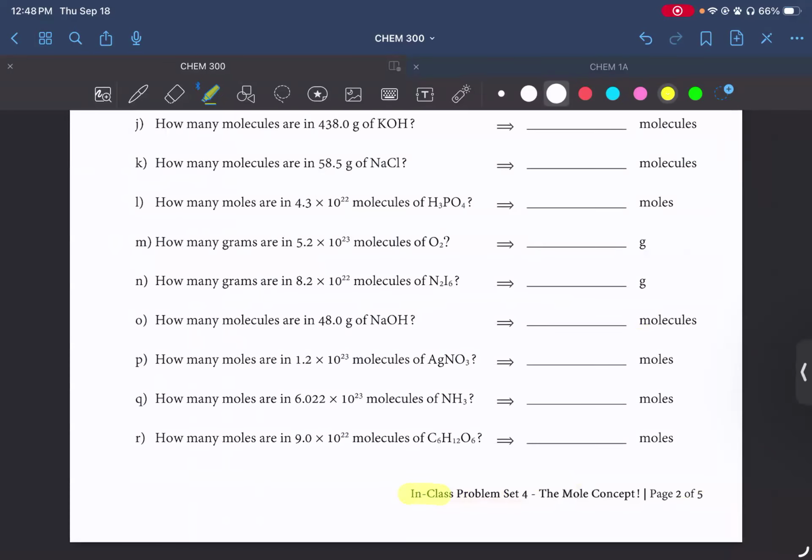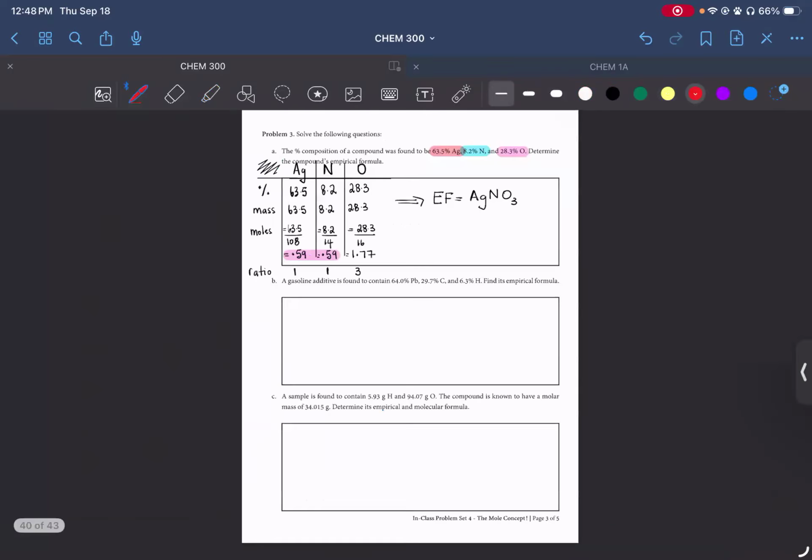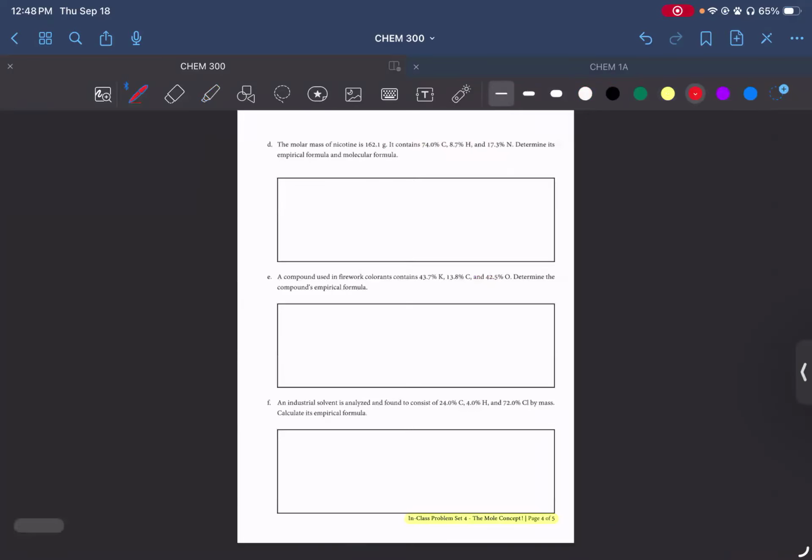And any 10 questions from page 2 and all of page 4. Everything else is for your own practice.